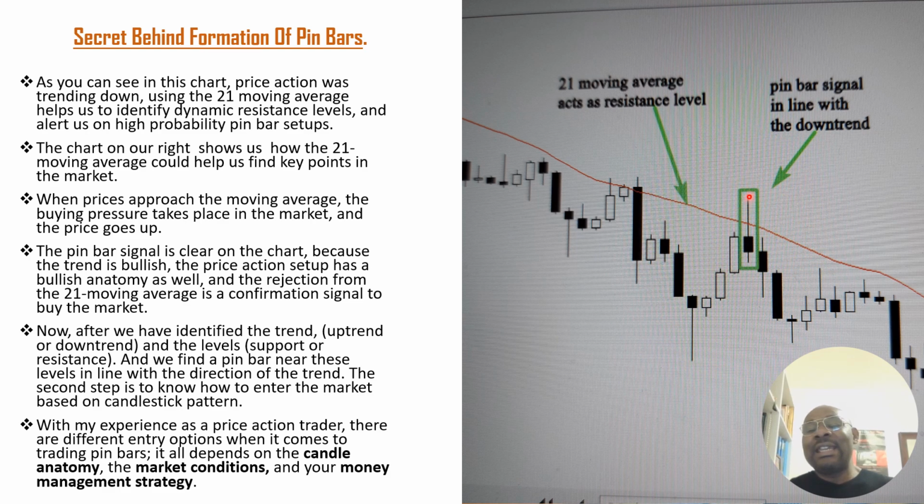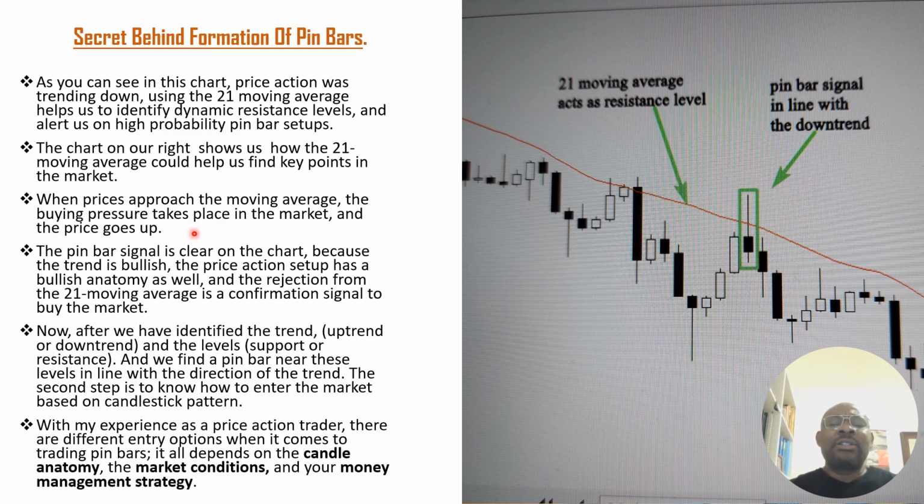As soon as it gets there, it will trigger all the orders in, then get a rejection and start coming down. So it's like that. It's very interesting. If you know how to trade this, it's very simple and interesting.